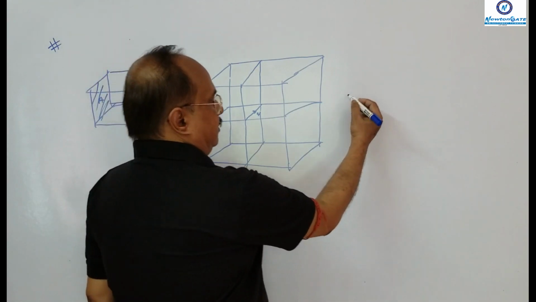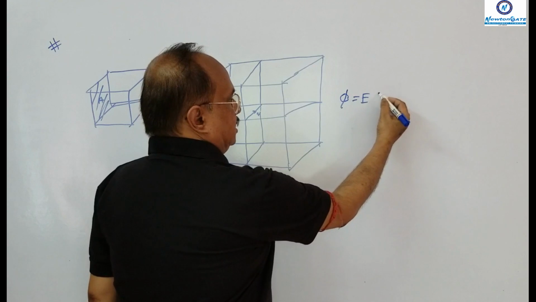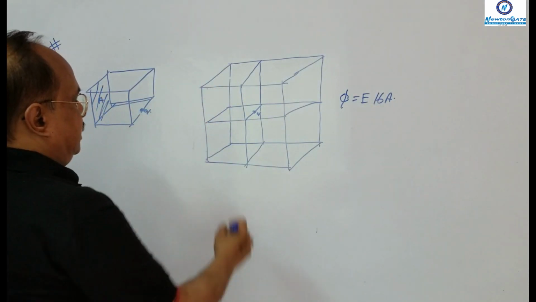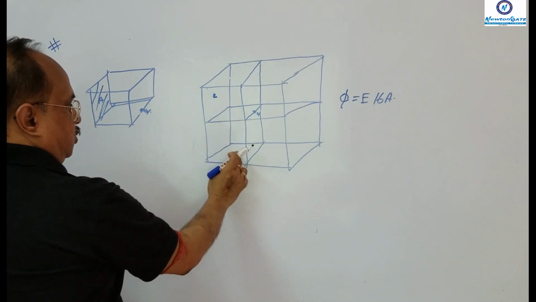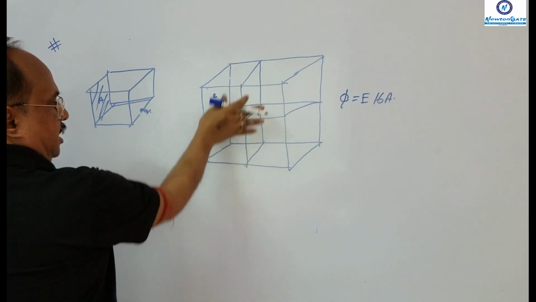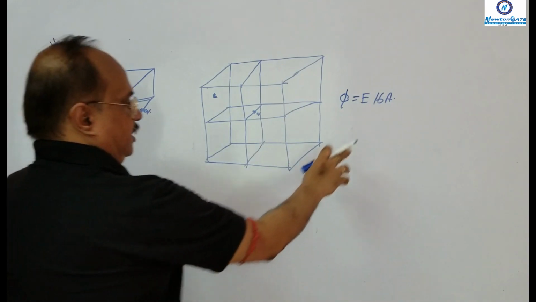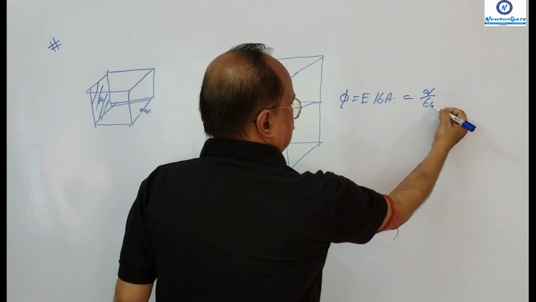In total it will be equal to 16 such areas. You can count it, 1, 2, 3, 4, 5, 6, 7, 8, and the front face has 1, 2, 3, 4, and the back face has 1, 2, 3, 4, like this 16, and the total flux that is coming out is equal to Q by epsilon naught.